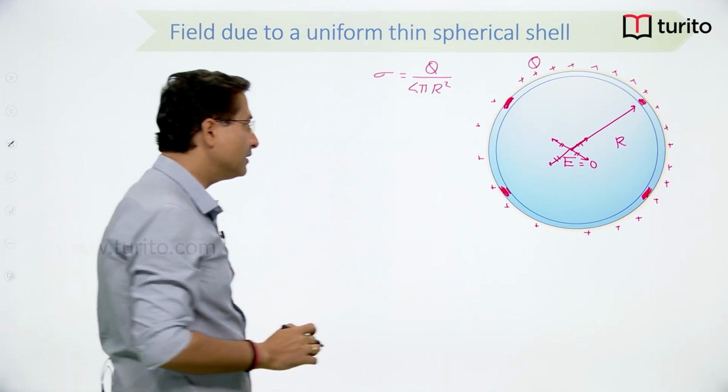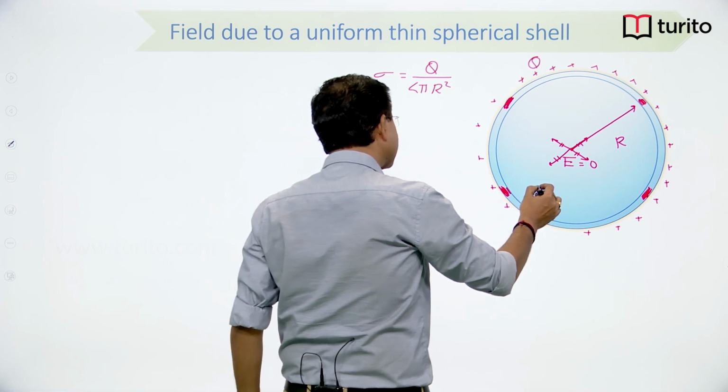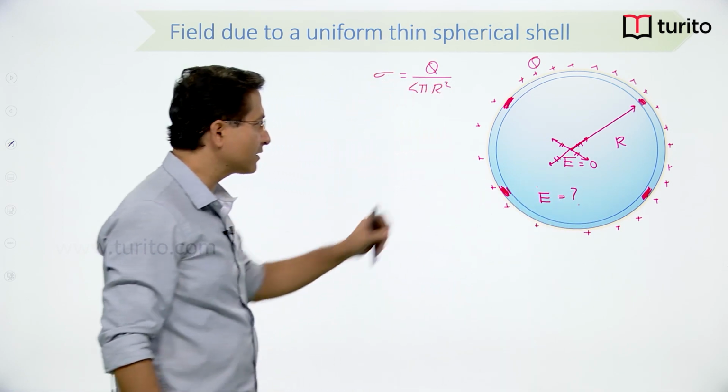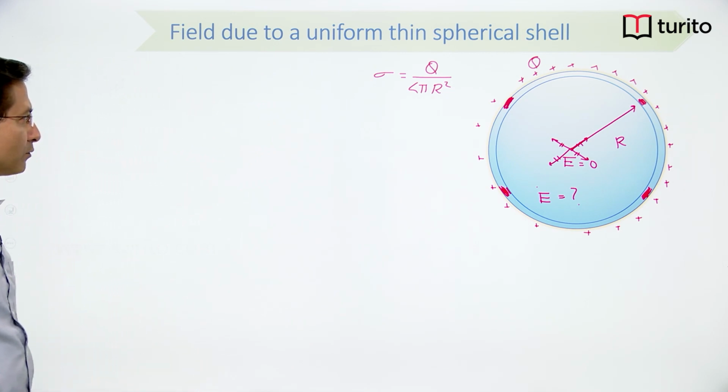What about the field at any point inside? If I take a point somewhere here, what would be the field there?